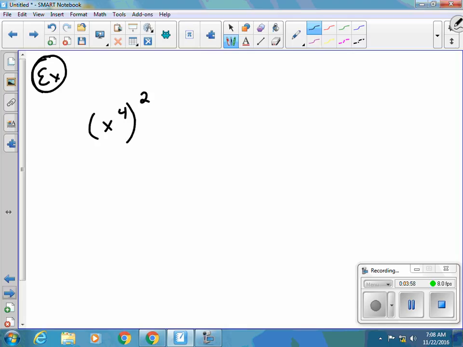Realistically, this is not x to the 6th. This is x to the power of 4 times 2. So this is really x to the 8th, which would tell me that I've got 8 potential real roots.